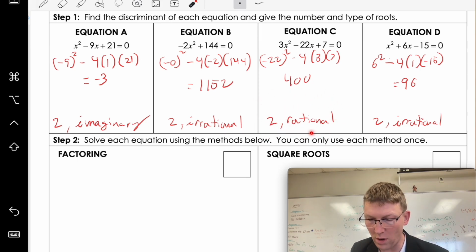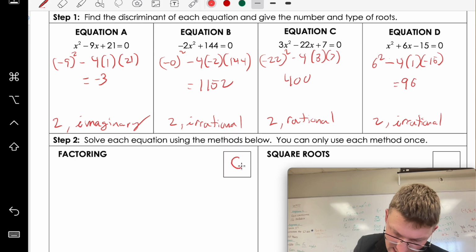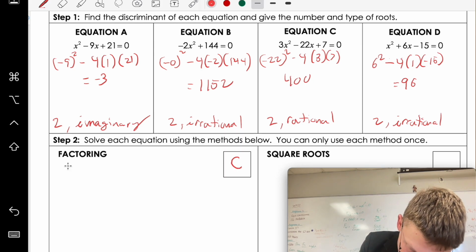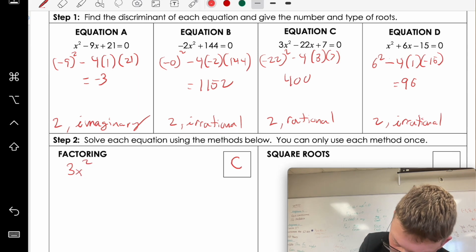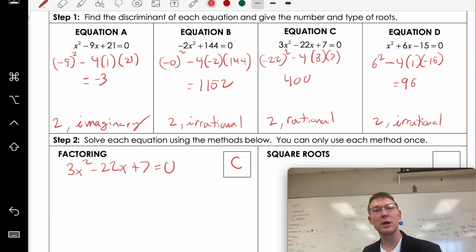So that's the one that's going to be able to be factored, hopefully fairly easily. So we're going to put C in the box because that's going to be equation C. And just for now, I'm going to write 3x squared minus 22x plus 7 equals 0 in the box, so don't forget about that later.